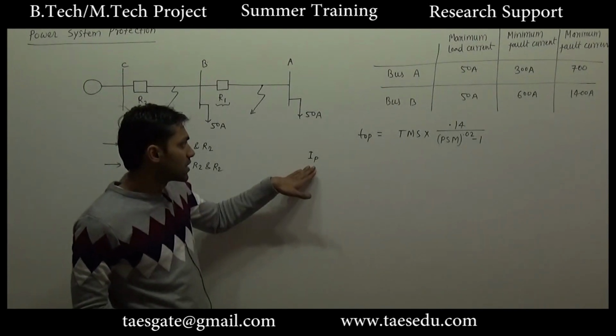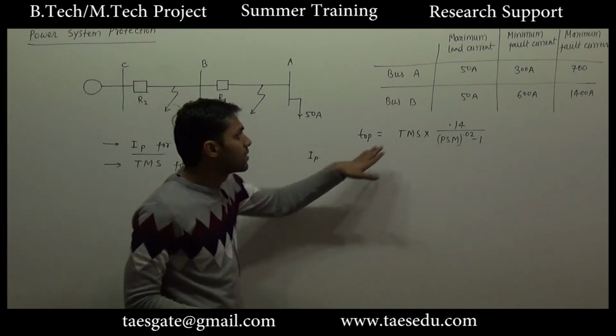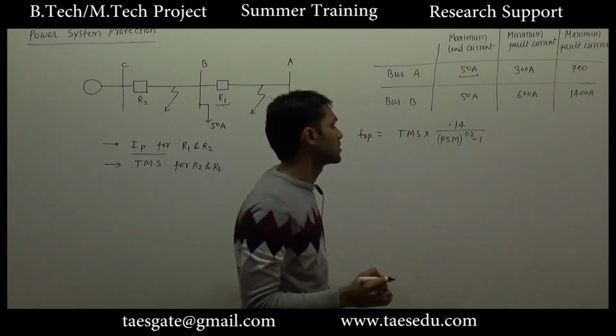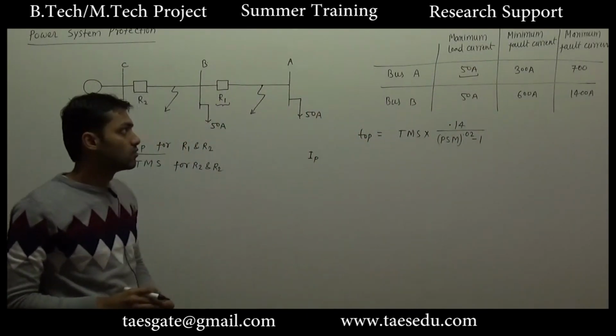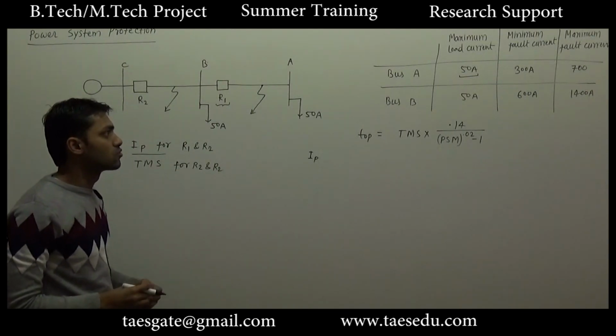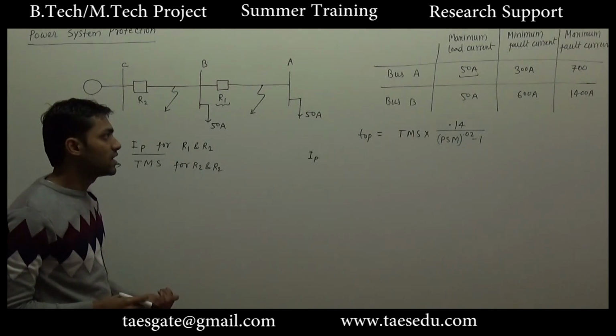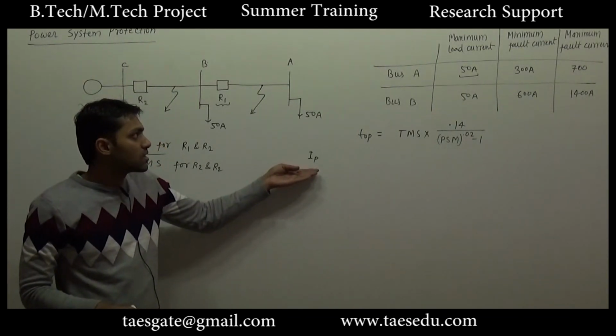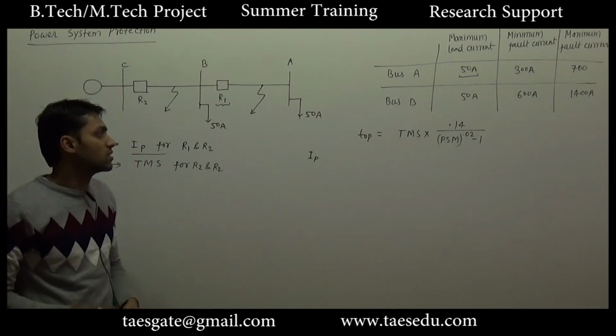So obviously pickup current has to be greater than maximum load current, because this is not a fault current, this is a normal operation current. Although the load is maximum, this is still a normal operational current. So the pickup current, or the current at which the function of the relay can be started, must be greater than the maximum load current.